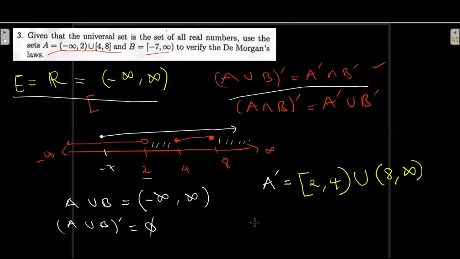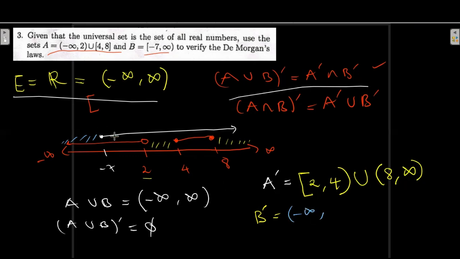Now I have to check my B complement. So what is my B complement? My set B is here. In my set B, 7 is included, and it goes all the way up to positive infinity. So I'm going to shade in a different color, going this side. This side is my B complement, which means it goes all the way down to negative infinity.